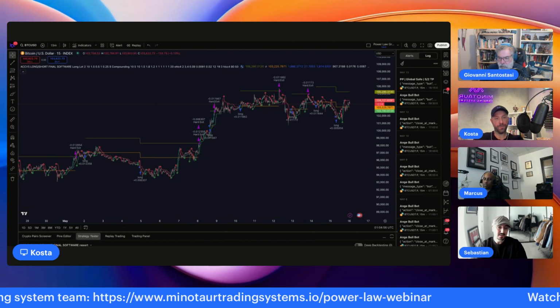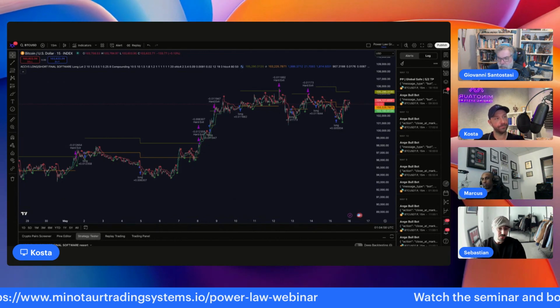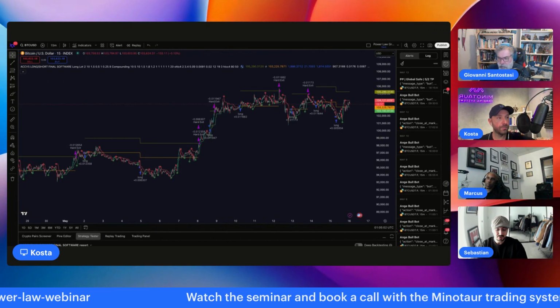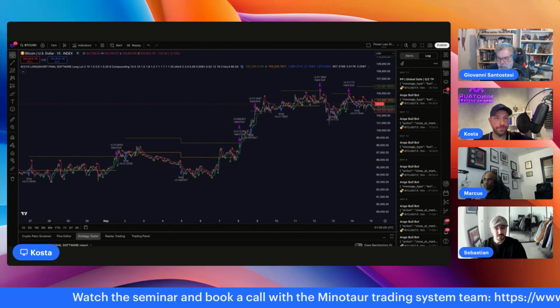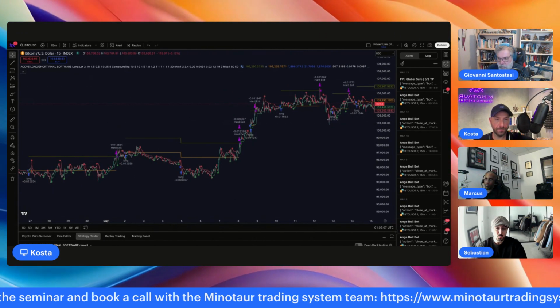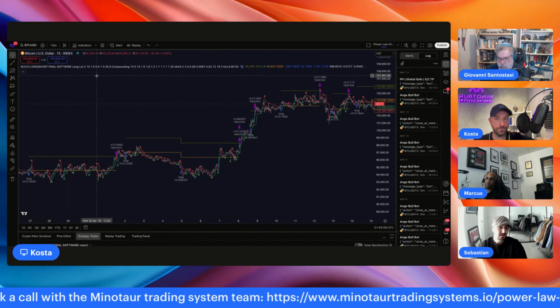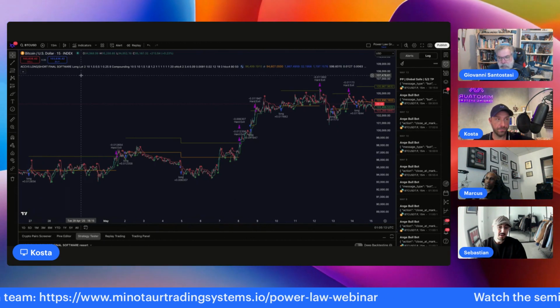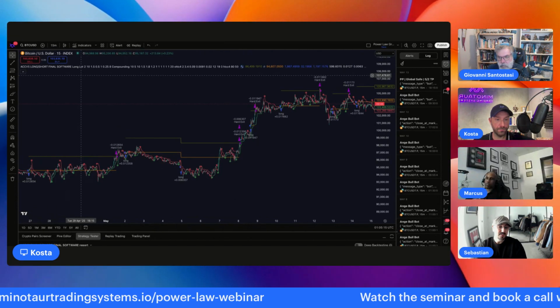The other setting, just quickly out of the box, also respects the power law bottom, but has a smaller coverage so that it can trade more frequently in and out, right? So we use these in tandem with each other. Now, why do we do this? Well, as Marcus has said many times, the market is fractal, right? And the market moves in segments.